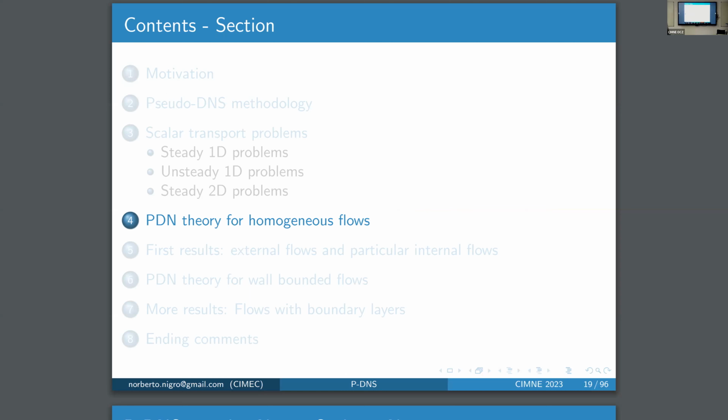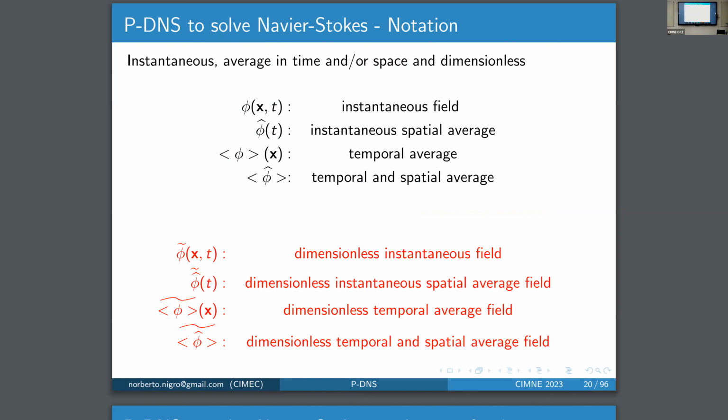Next I'm going to move to the theory in fluid mechanics when you try to solve turbulence. First of all, I want to define some notation. When you solve the instantaneous field, this is how it looks. If you make a spatial average, you have a hat, and a temporal average has a wedge, and wedge and hat together is a temporal and spatial average.